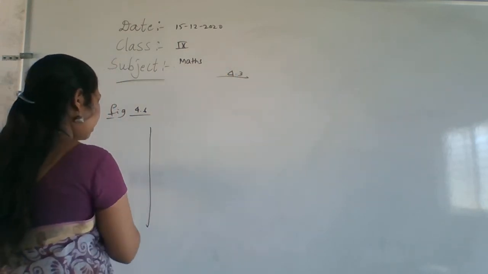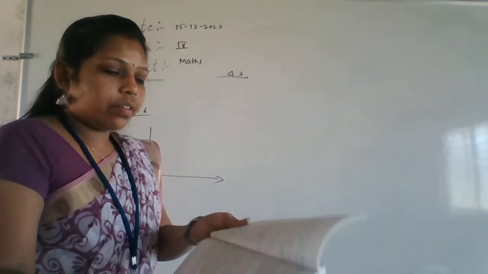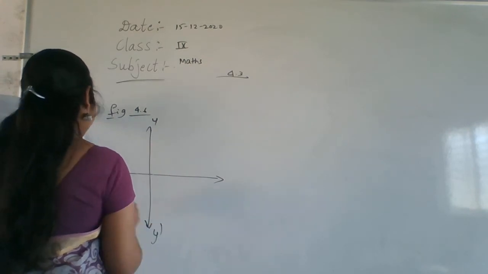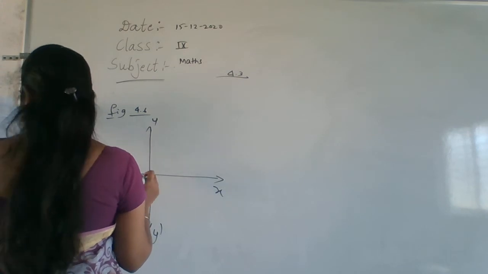This is the figure they have given here. This is the y-axis and this one is y dash. Here x dash, this is x, 0, 0 here.